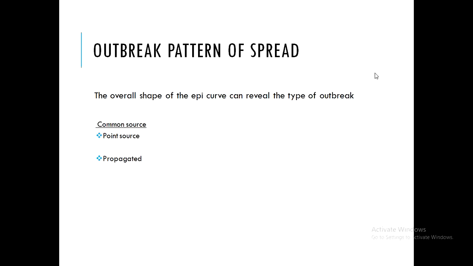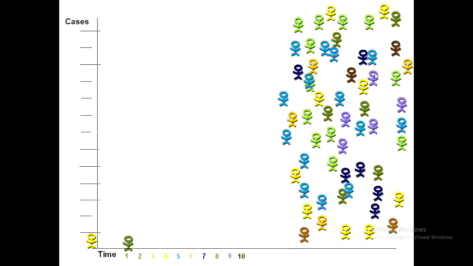Fine. So in a common source epidemic, the cases are originating and they have been exposed to a common source. It can further be subdivided into point source and propagated epidemics. So look at this, how the disease presents itself in the community.